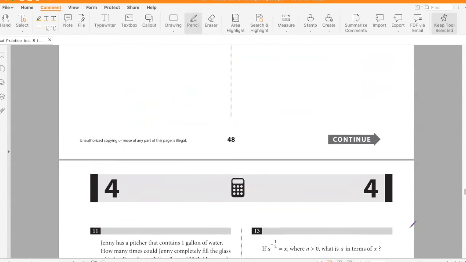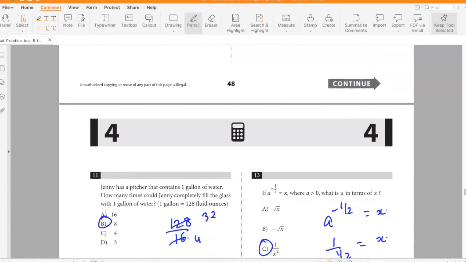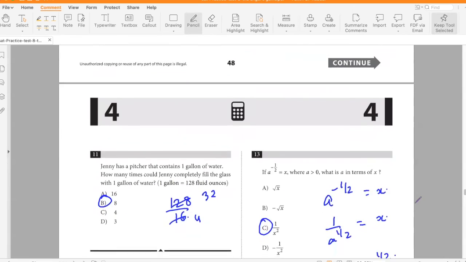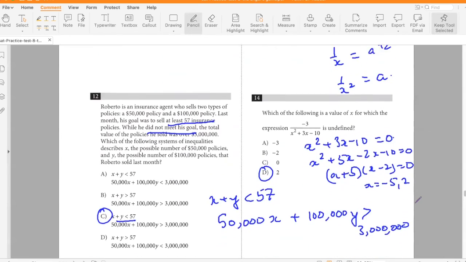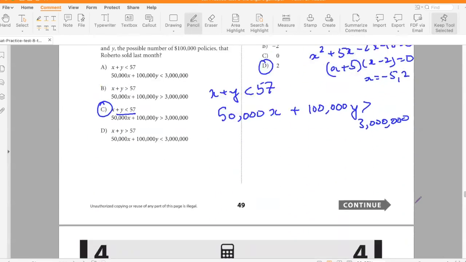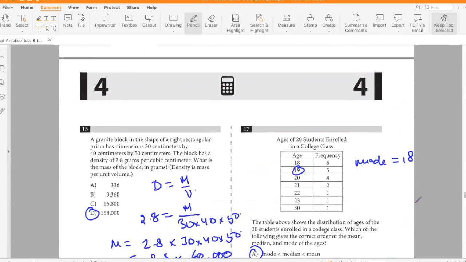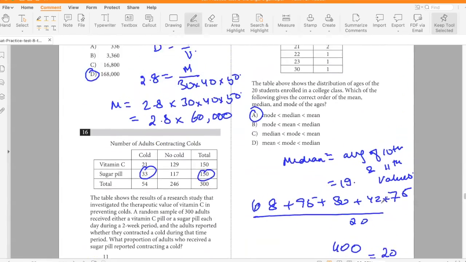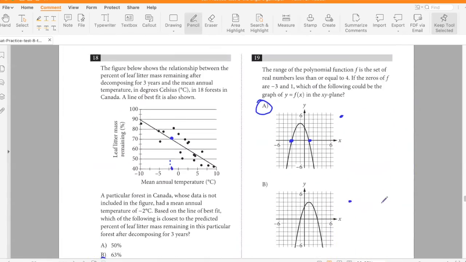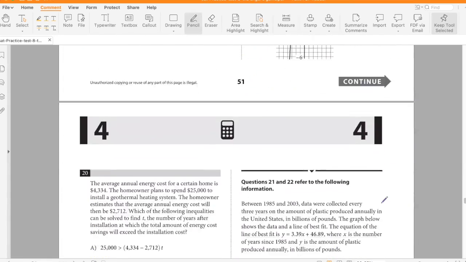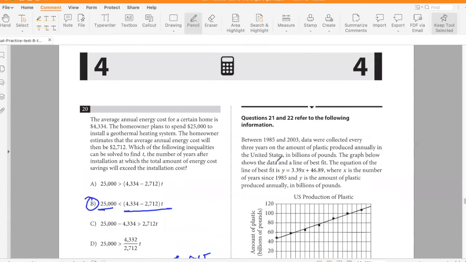Okay. 11. BCCDD. And 16. BACAB. Okay, so we got all correct.